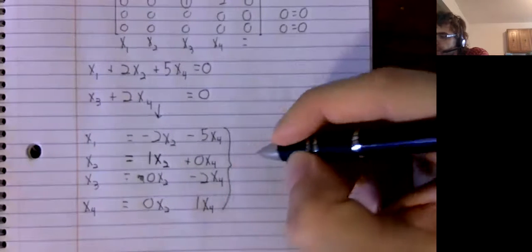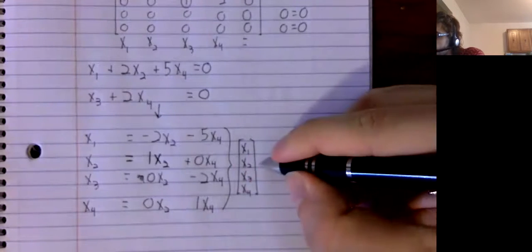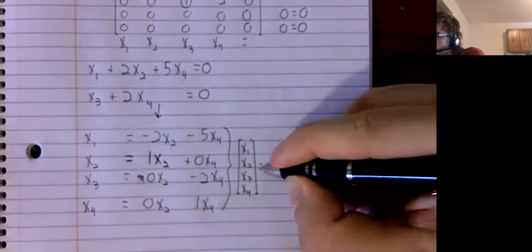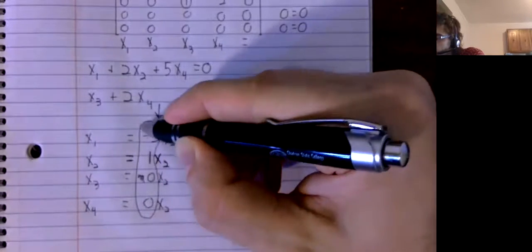And this can now be expressed as a vector equation. The vector x1, x2, x3, x4 equals, you see we've got these numbers.